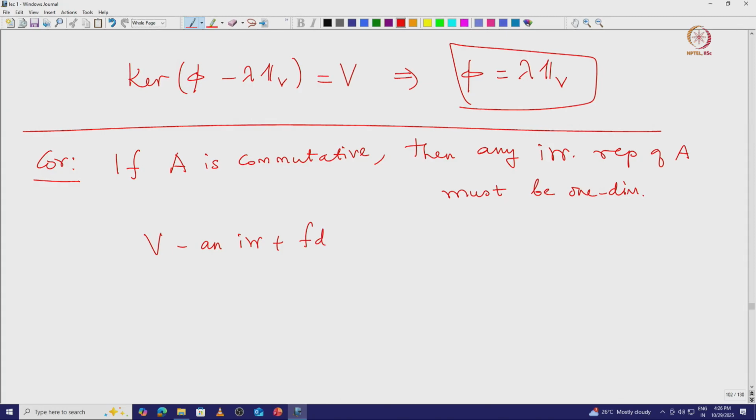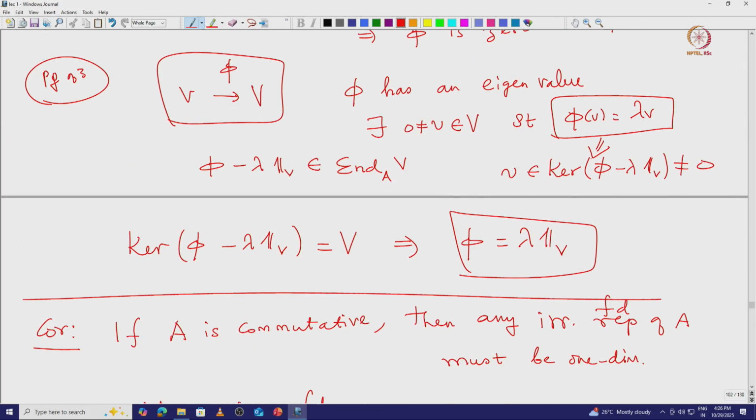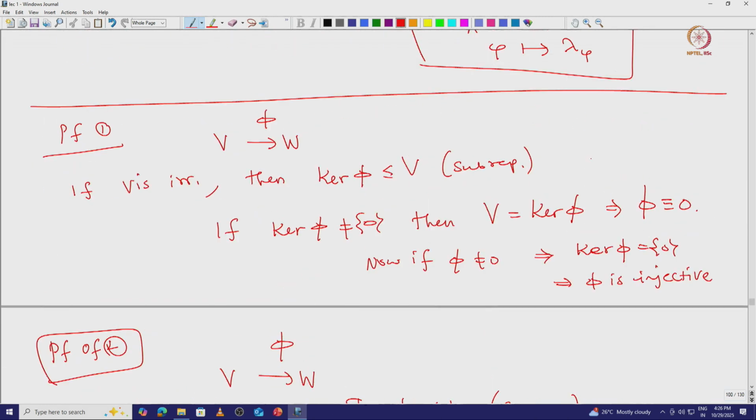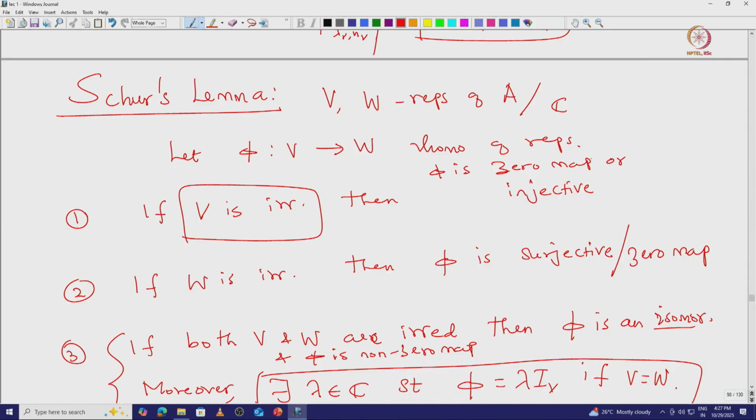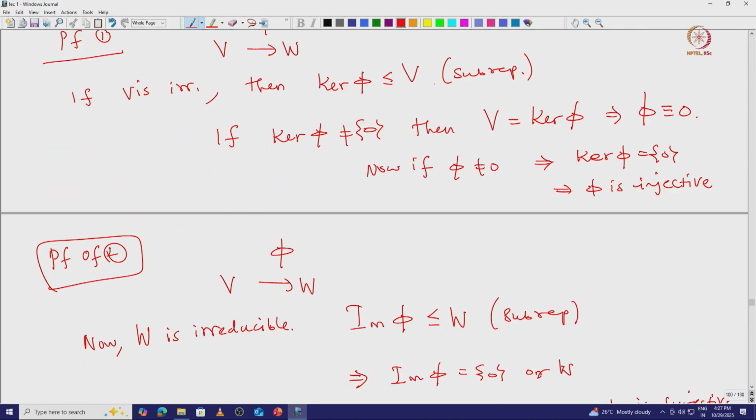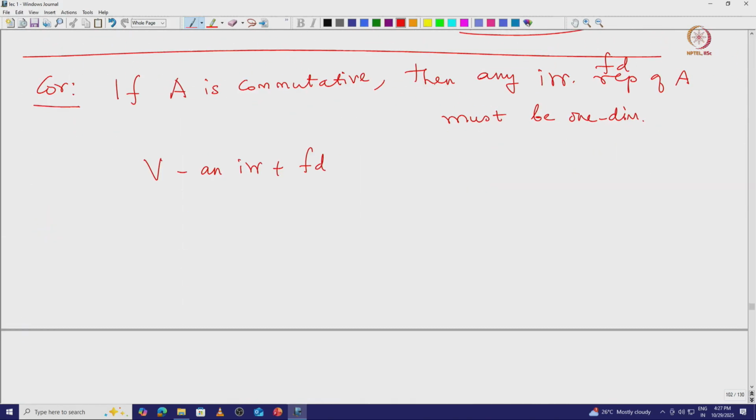We always assume it is finite dimensional, otherwise we can't talk about the existence of eigenvalues. The representations that we started with are all finite dimensional. So, we take a finite dimensional irreducible representation of capital A, and we know that A is commutative. We want to prove that this must be one dimensional.